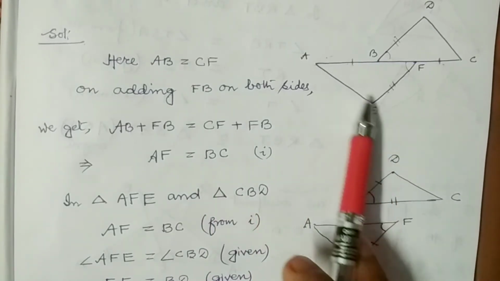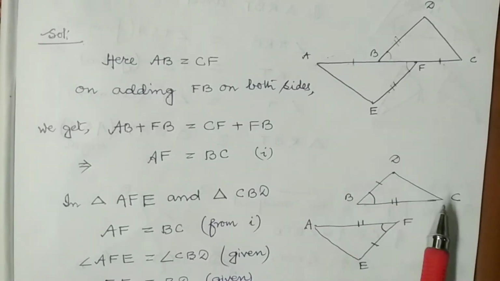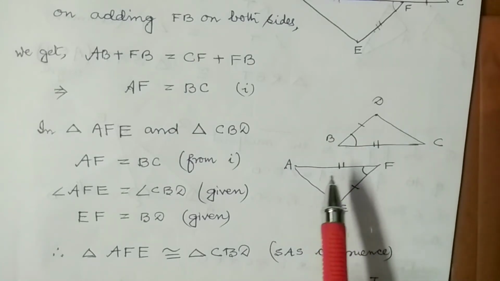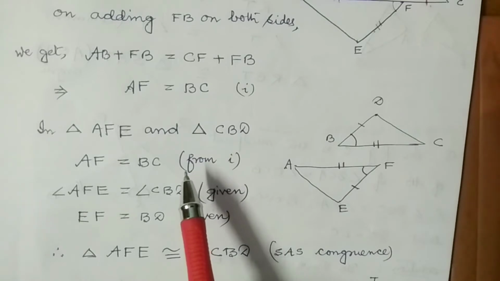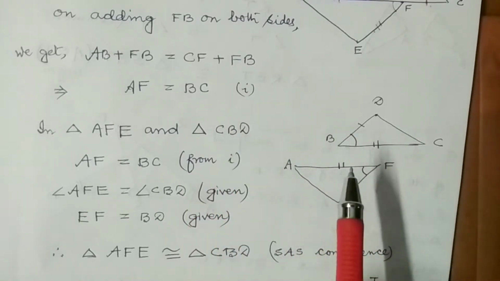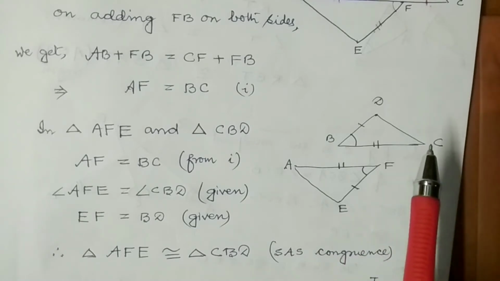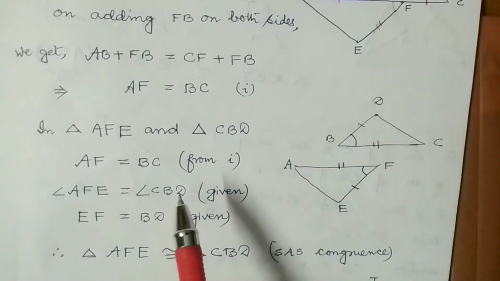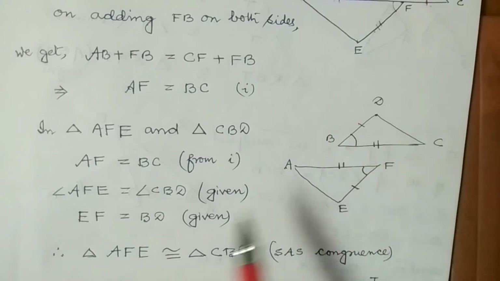Now, if you consider these two triangles separately, suppose you are having AEF and DBC. In these two triangles, AF equals BC from equation 1, already we have shown. Angle AFE equals angle CBD, this is given in the question, and EF equals BD, it is also given.